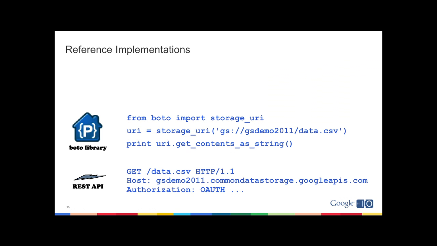Here's some code. And for this, our library level is Boto. Boto is a popular open source library written in Python. And here what you can see is I'm going to get the same object as is being requested using the REST API, but it's a higher level of abstraction. It's basically you import a class and instantiate an object with that URI, and then just print the content out as a string. In this case, it's a pretty small object, so printing it as a string works.